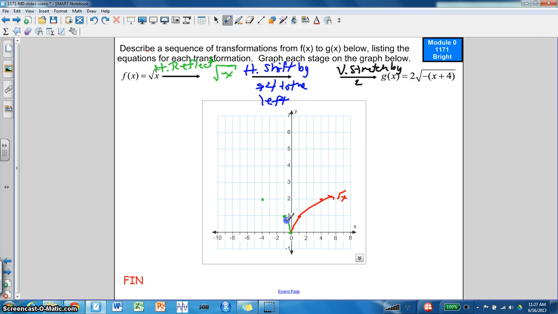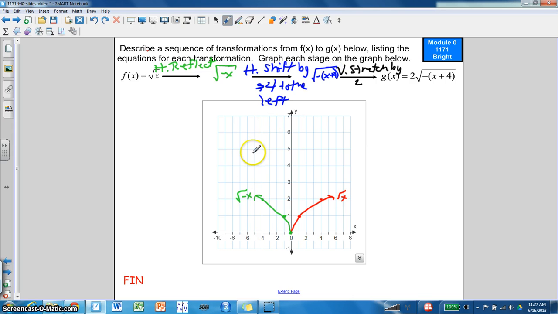And now let's see if I can sketch this. Okay, and this would be square root of -x. Now if I do a horizontal shift to the left by 4, the equation becomes square root of, and now I replace x, that minus sign stays there, by x plus 4.